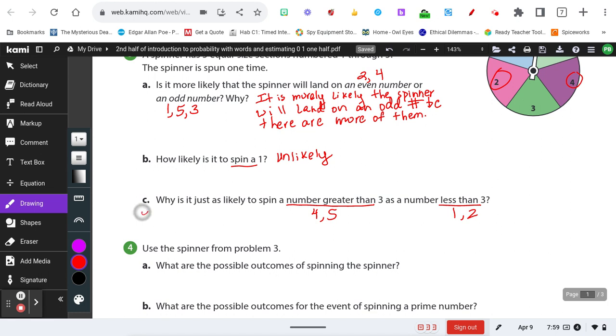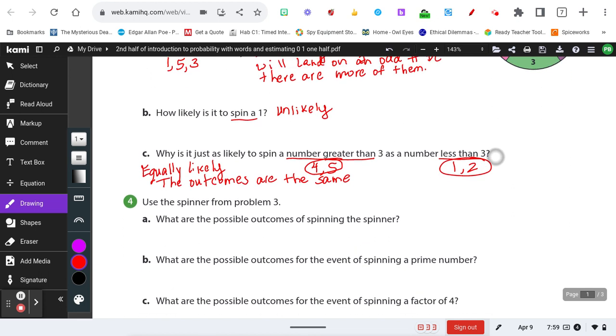So I'm going to put equally likely, because you have the same number of outcomes per event. You have 2 outcomes here and 2 outcomes there.